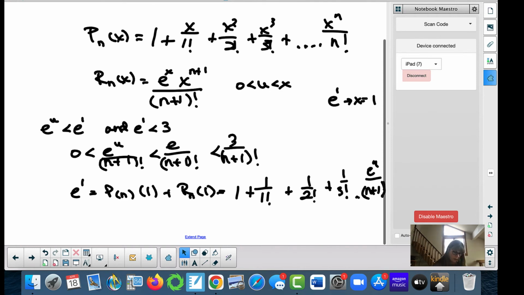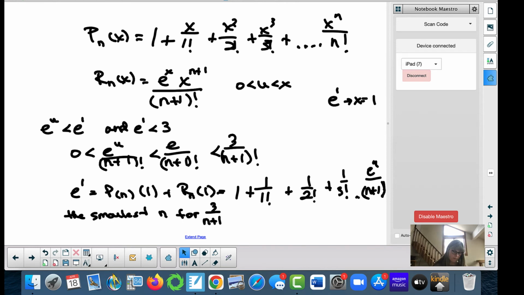So the smallest n for that value right here to be less than 0.001, because remember that's what we wanted our error to be less than. The smallest n for that to happen is where n equals 7.